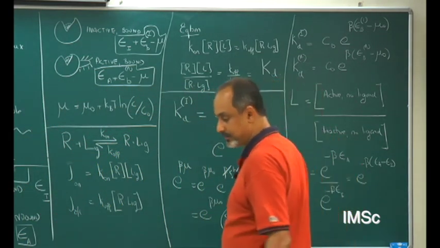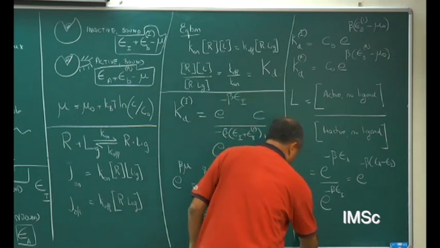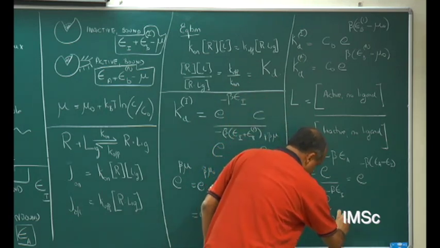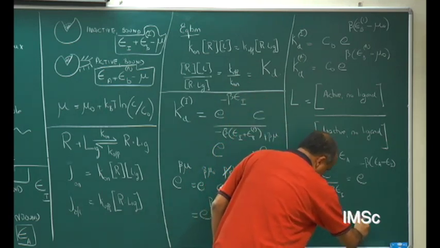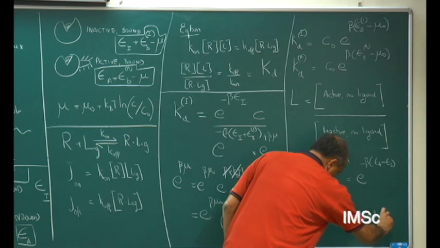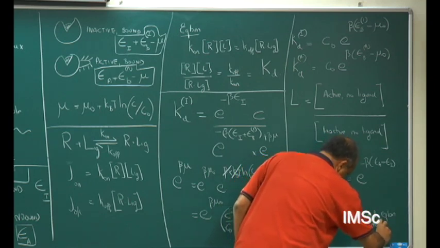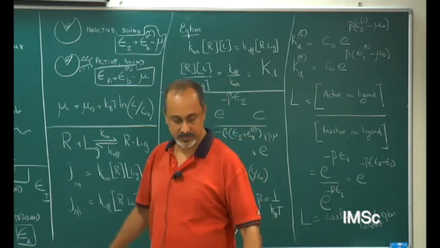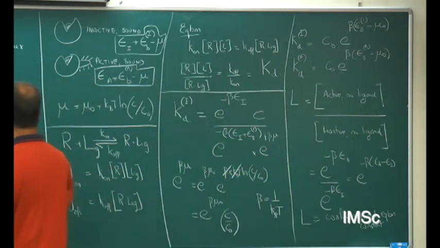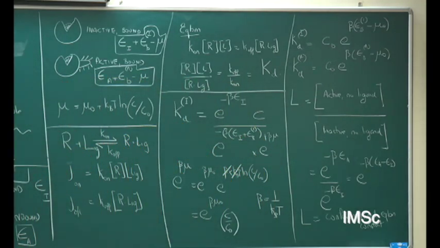So L is also called a conformational equilibrium constant. That is to say, if I didn't have a ligand at all, this would tell me what is the fraction of the molecule which is found in the active state vis-a-vis the inactive state.